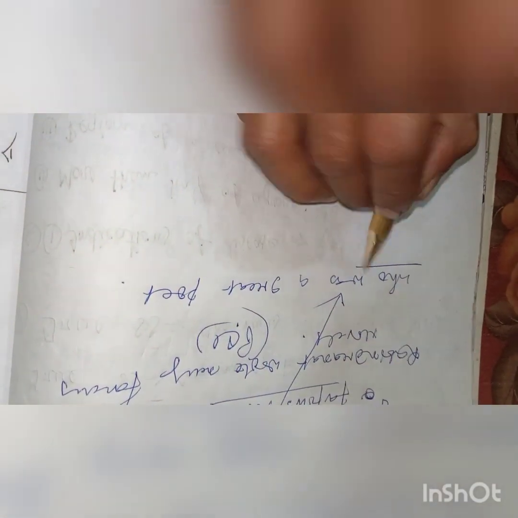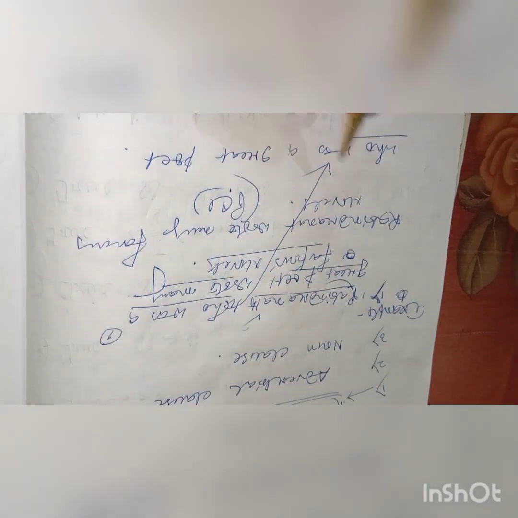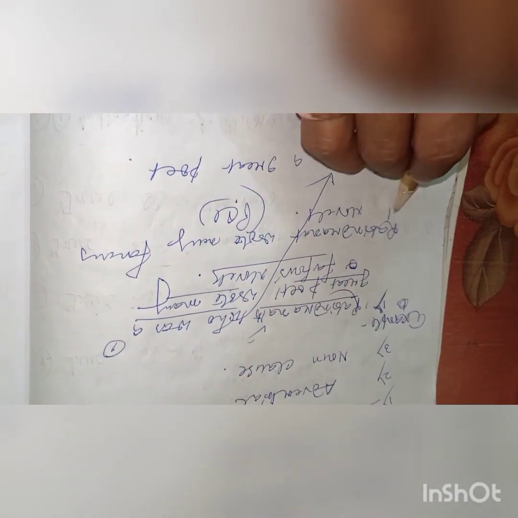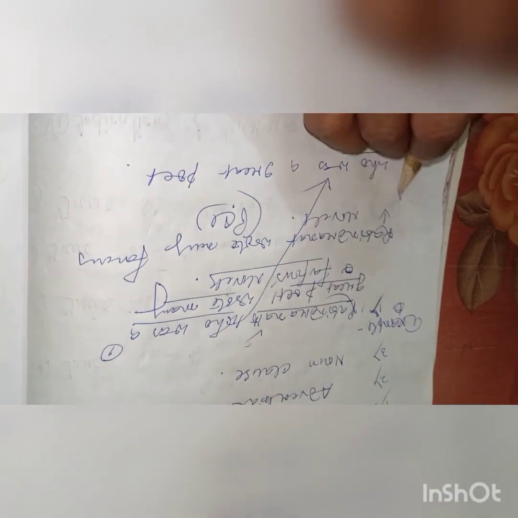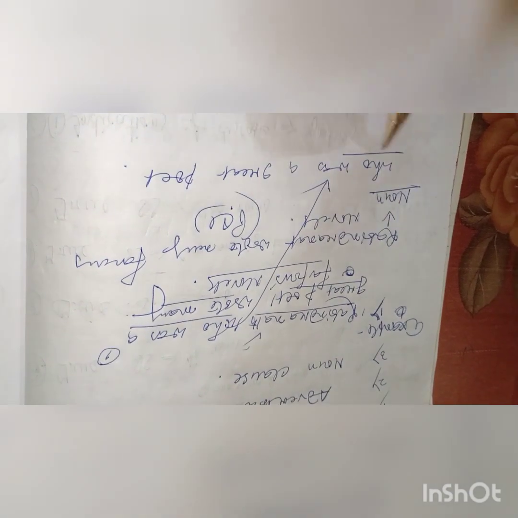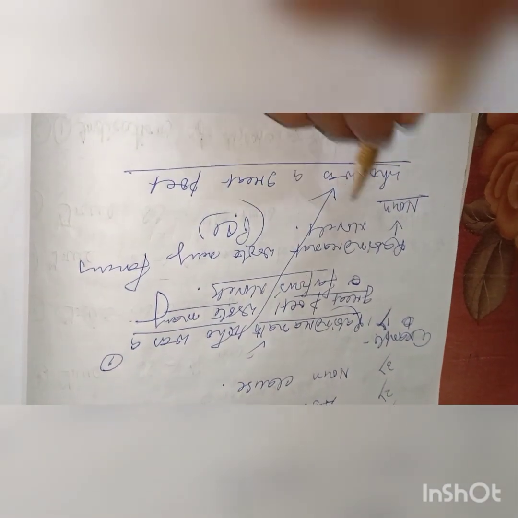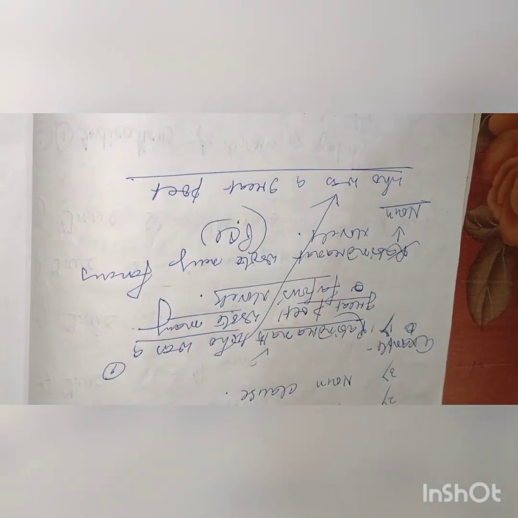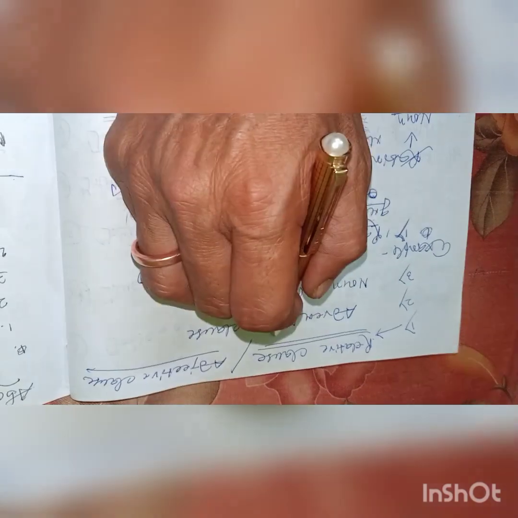Now who indicates Rabindranath, and you know Rabindranath is a great poet, a noun. So this clause qualifies the noun, and which qualifies the noun or pronoun is called an adjective. So there is another name for this, adjective clause.